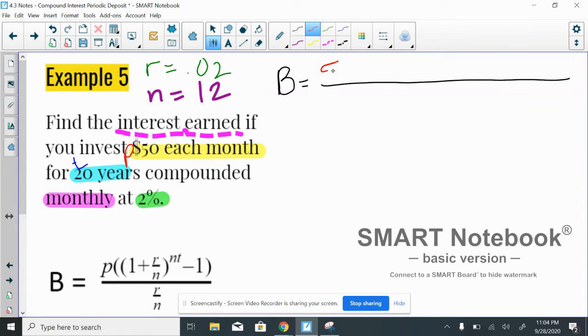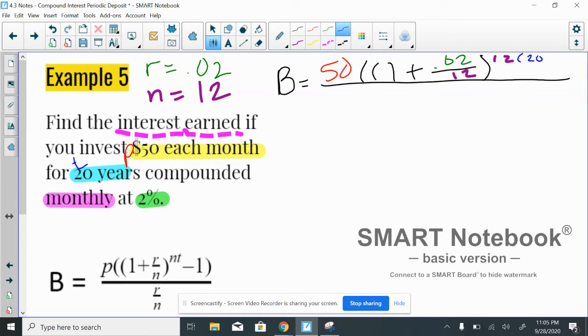So 50, 2 parentheses, 1 plus the rate, 0.02, divided by the N value of 12. I am squishing that in there because I really made this too close to the top. Oh well. To the NT power, so my N value is 12, and we are going to leave this in the account for 20 years.